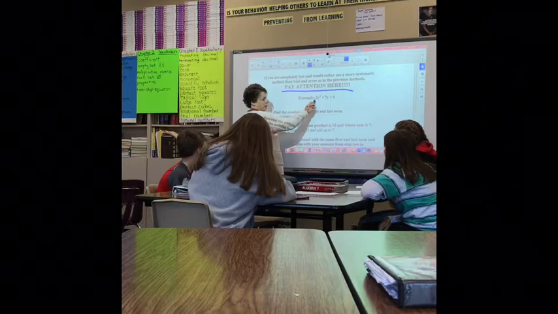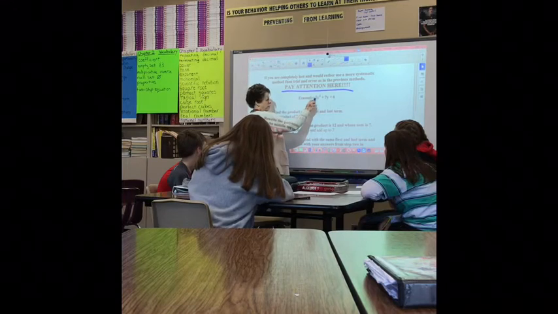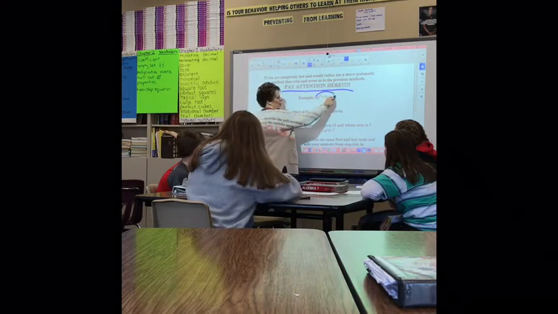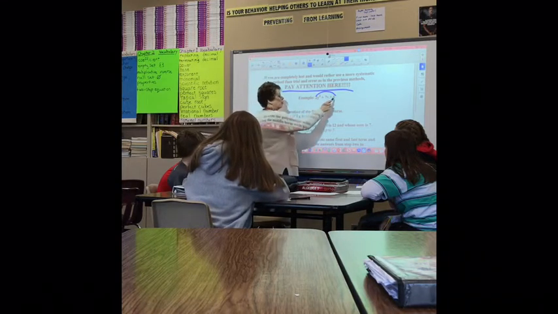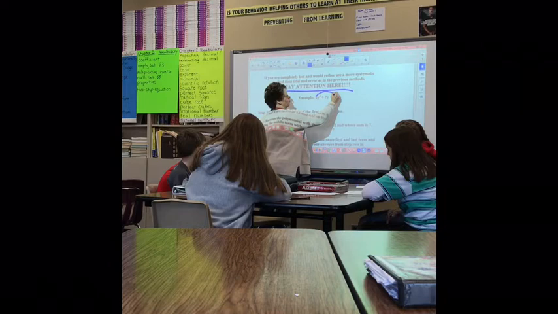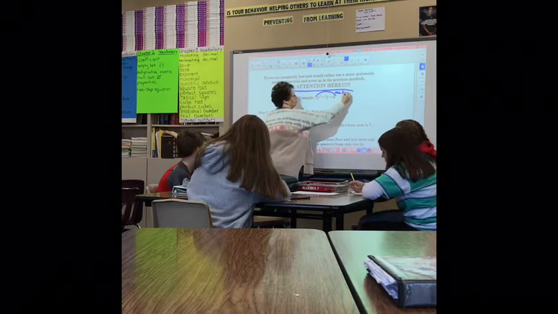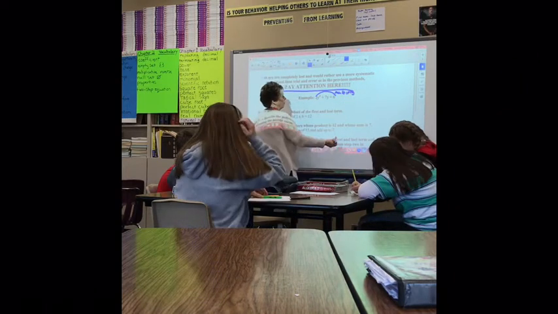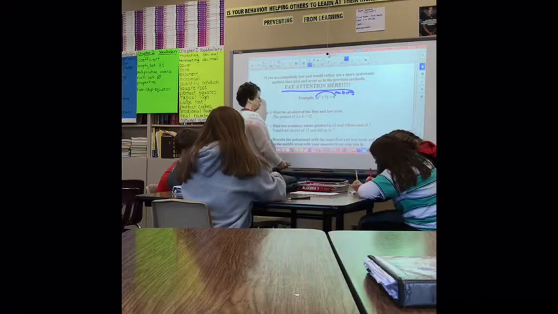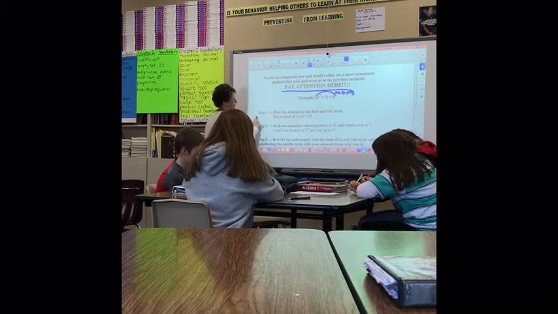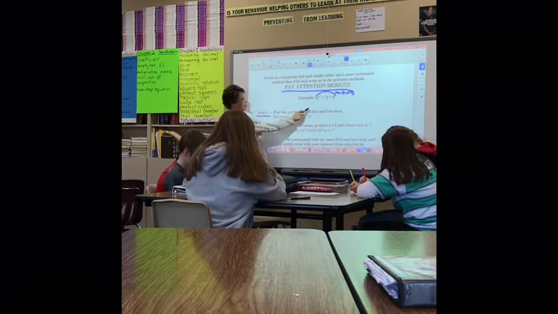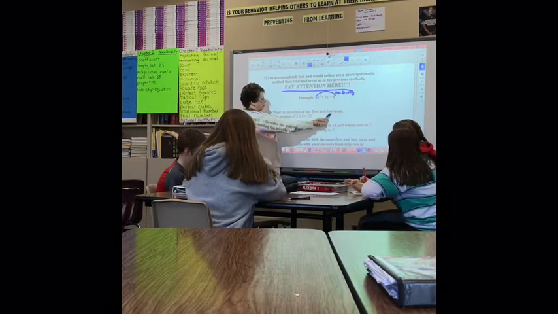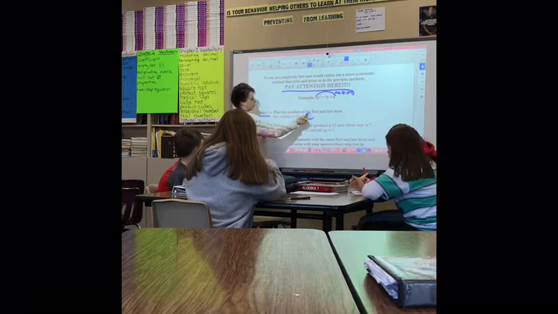But now there's a number that's not one sitting out in front. You need to take the leading coefficient, the number in the front, and multiply it by the number in the back. So 2 times 6 is 12. Step 1 says find the product of the first and last term. So you got 12.